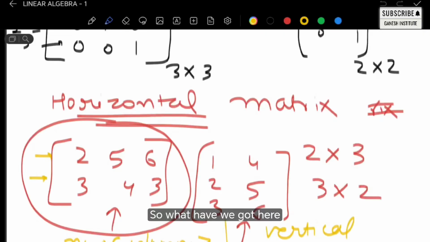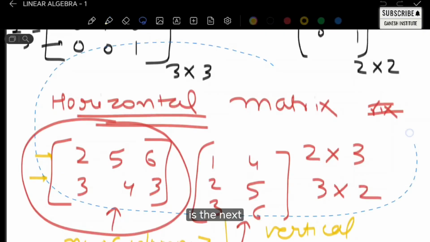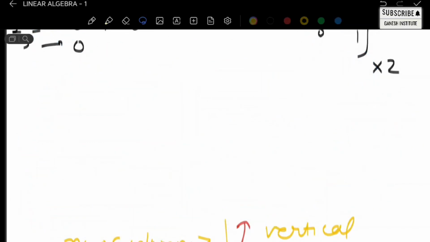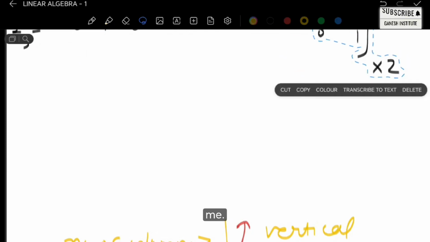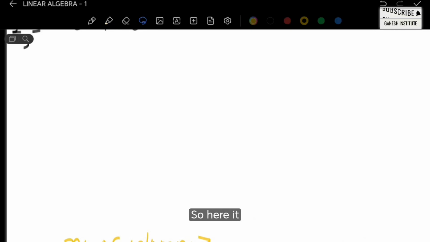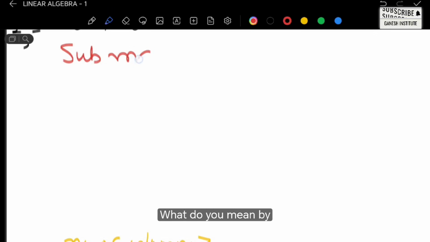Then what have we got here is the next one. So here it is submatrix. What do you mean by submatrix?